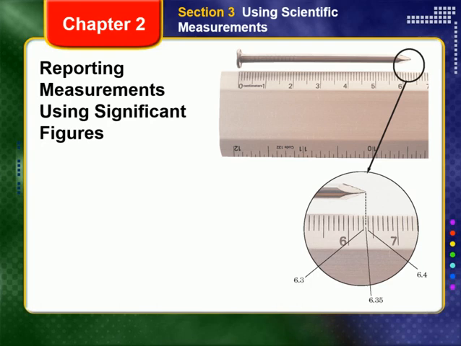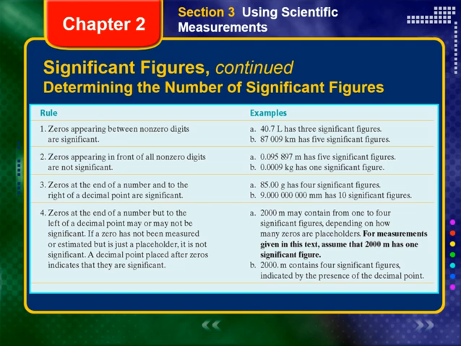As a chemistry student, you will need to use and recognize significant figures when you work with measured quantities and report your results, and when you evaluate measurements reported by others. When you look at a measured quantity, you need to determine which digits are significant. That process is very easy if the number has no zeros, because all the digits shown are significant.